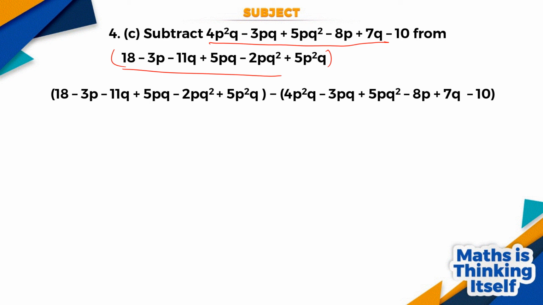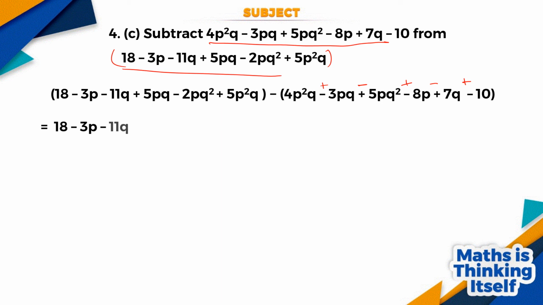Now we know that when we open the bracket, this minus sign enters the bracket and the signs change: minus becomes plus, plus becomes minus, and so on. So the first step is to open the bracket.